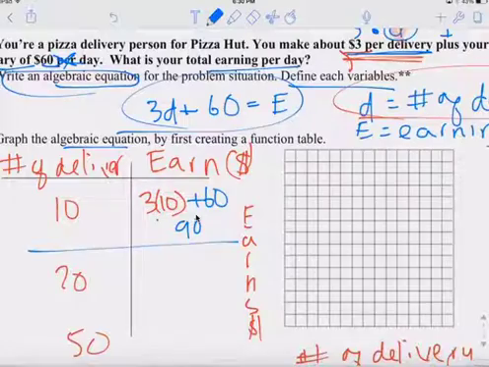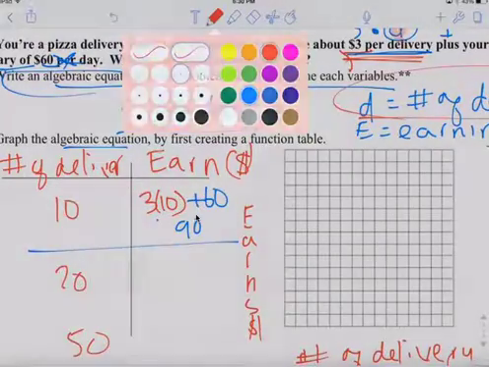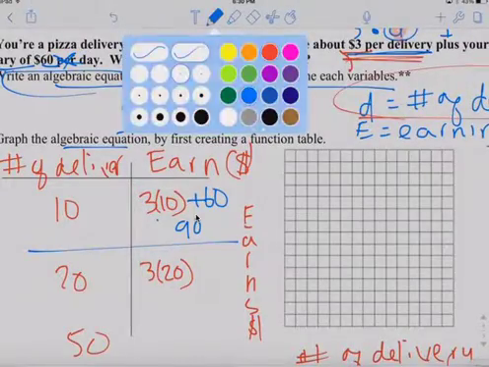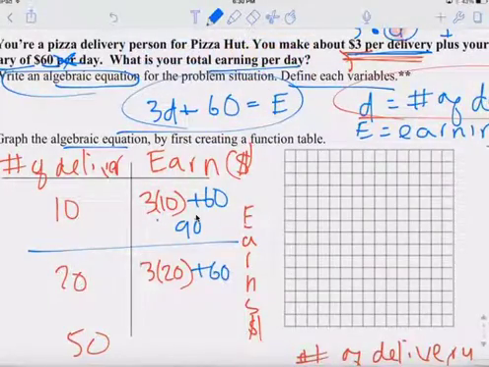Okay? Same thing for the next one. 3 times 20 plus that 60 in delivery fee. I mean, every day they're going to pay you $60 for showing up, plus $3 for each delivery. Use your calculator.